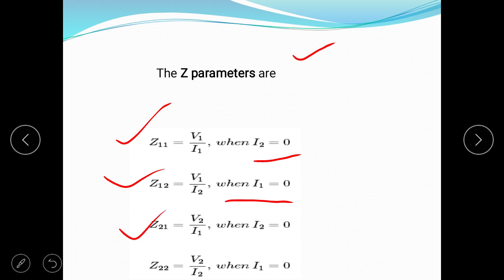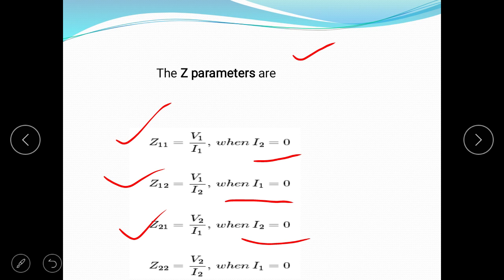Similarly, Z21 is equal to V2 upon I1 when I2 is equal to 0. In this case, port 2 terminals are kept open circuited and we obtain the ratio of V2 upon I1 that represents Z21.